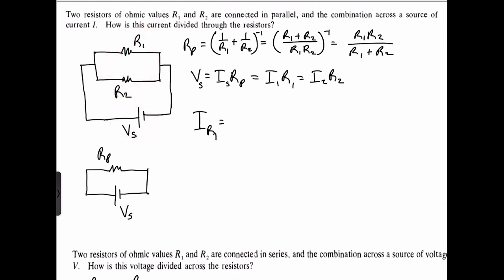So we can say that I1, the current through R1, is equal to the current from the source times the parallel combination divided by the resistance of R1. And that is going to equal IS, the current from the source, times the parallel combination, which is R1 times R2 over R1 plus R2, and then we include the R1 that we divided by.